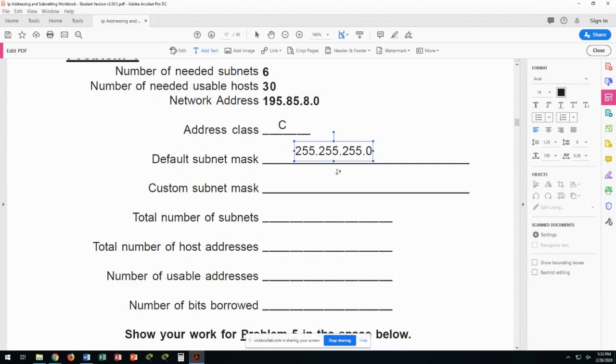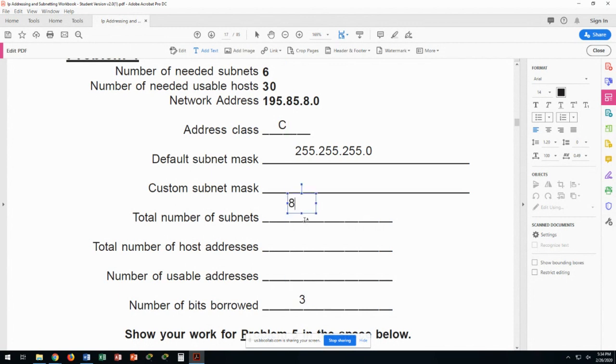Now the way I usually do these is I skip all the way down to the number of bits borrowed, because you need that to answer all the other questions. I don't know why they put it last, but they put it last. So how many bits do I need to borrow to create at least 6 networks? 3, right?